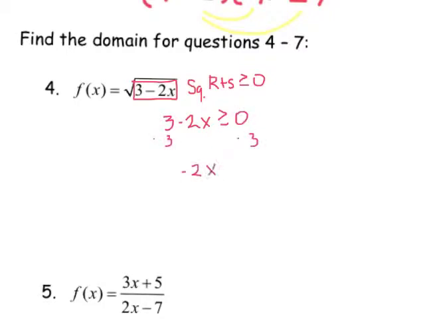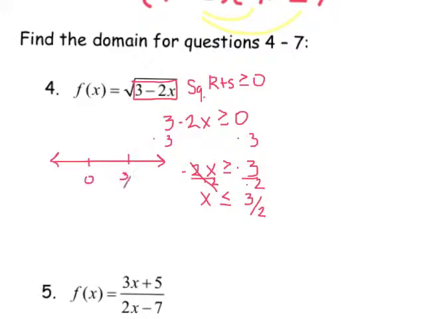So negative 2x is greater than or equal to negative 3. And divide by negative 2. So when you divide by that negative, it is going to flip the inequality, and it's going to become positive 3/2.